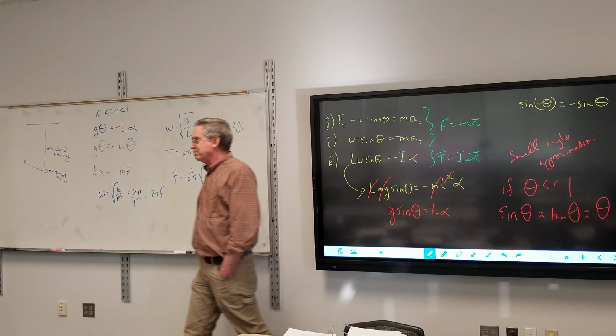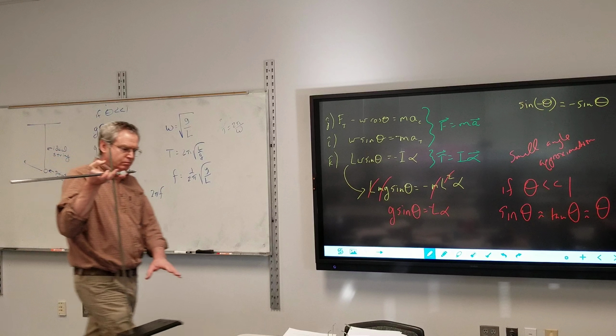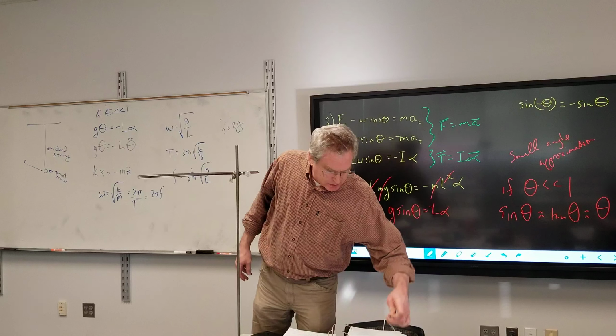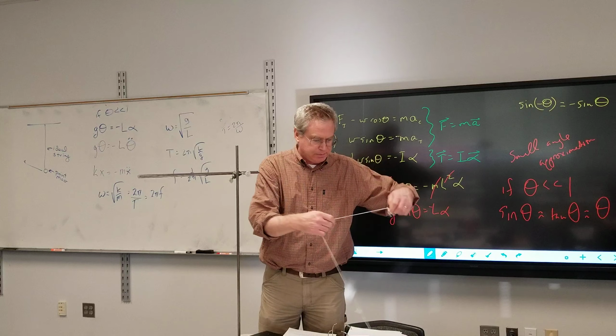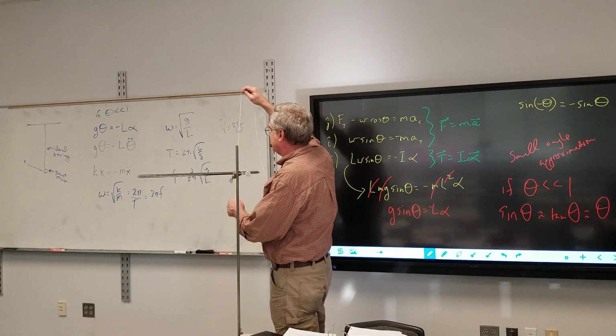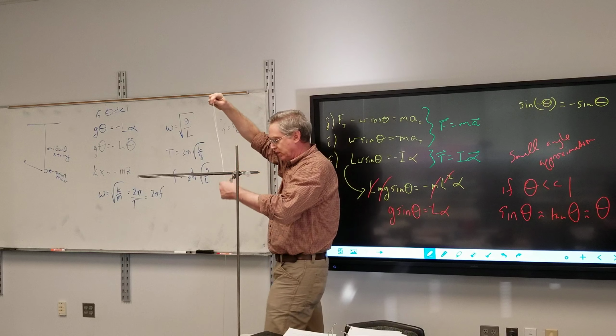Let's see how good this is. I'm going to ask you to do some timing here in just a moment. Now, in order to qualify as a point mass, it just has to be small compared to the length of the string.